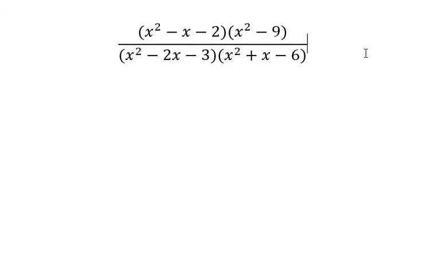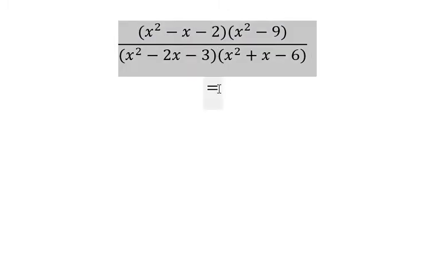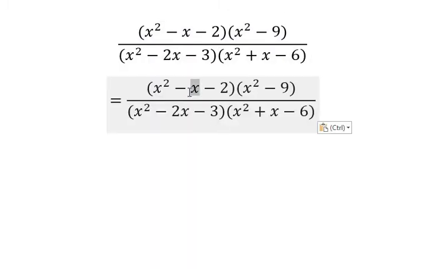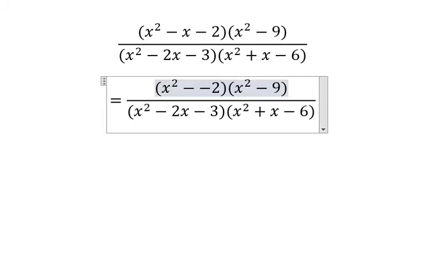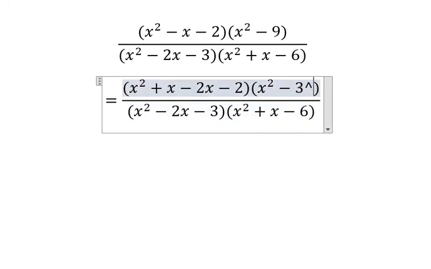Question number 3. We need to do factorization. Negative s, we can put into negative 2s plus positive s. This one, number 9, we put as 3 squared.